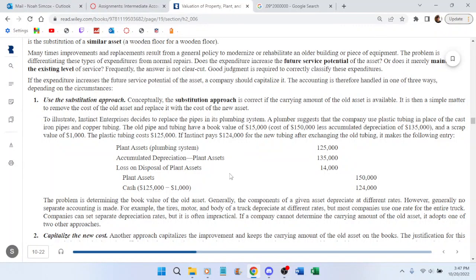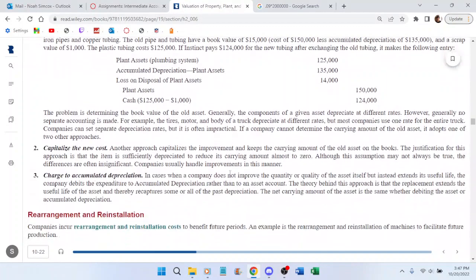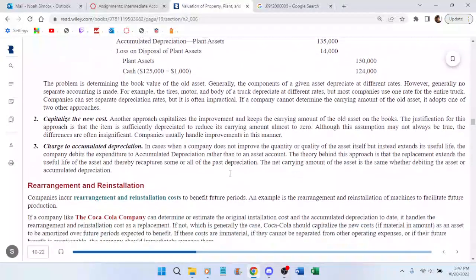Oh, so the other two approaches are if you cannot determine what the book value of the old asset is. Now here's some new approach. They don't even explain.